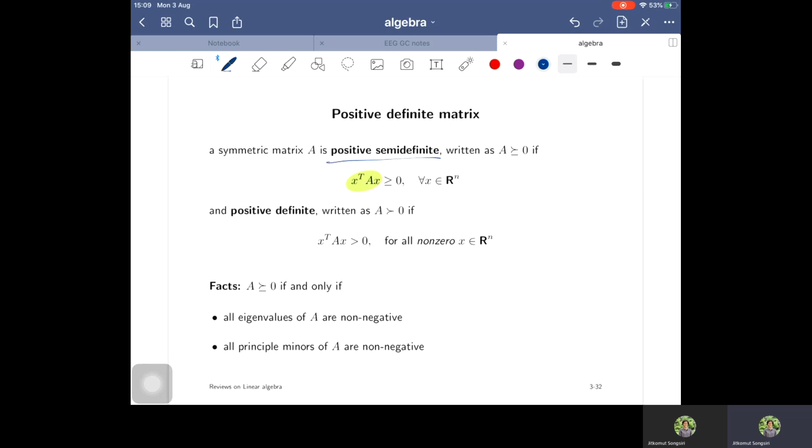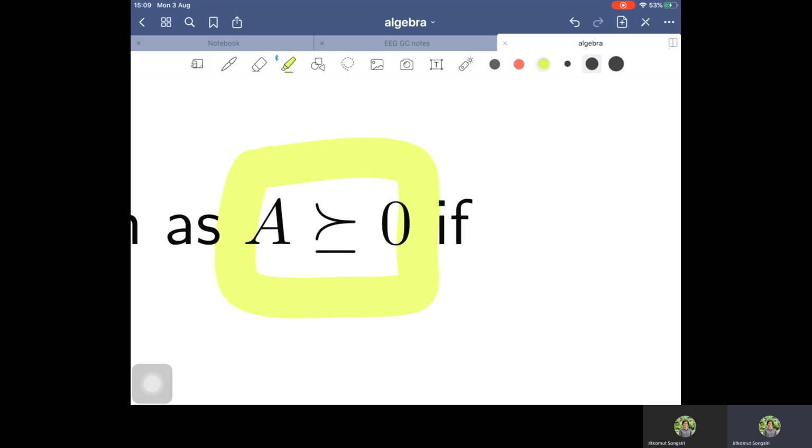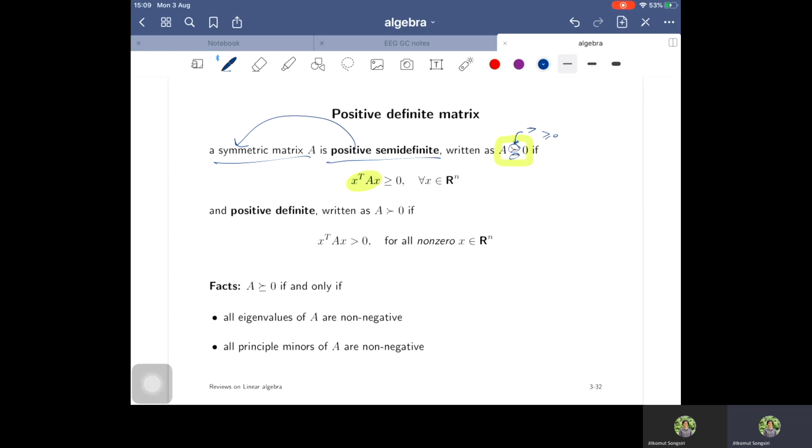When we talk about the positive semi-definite property, we actually focus on the set of symmetric matrices, and we're going to use this notation, A positive semi-definite. You see this inequality is curly. This is not the same as this, right? We call it in short PSD, positive semi-definite.